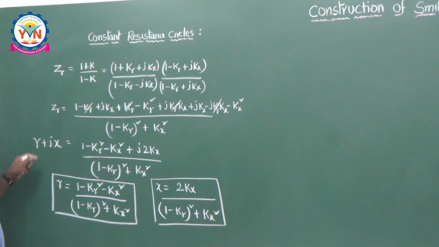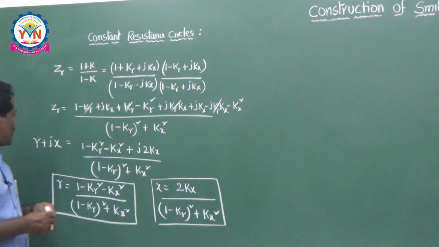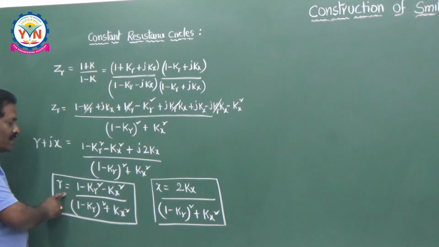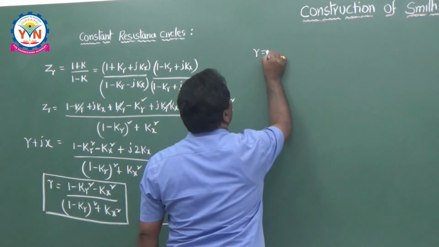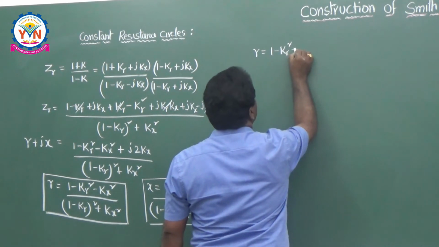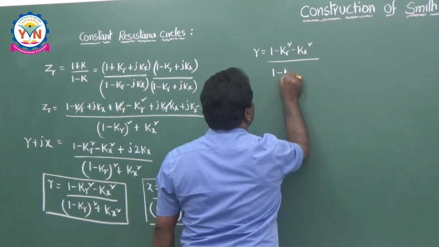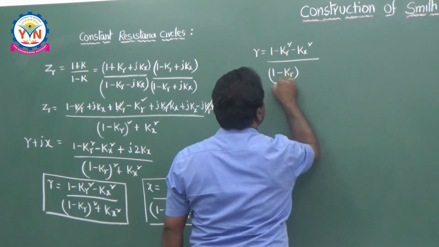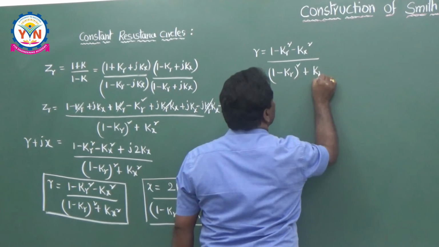Okay, right. So for constructing these resistance circles, let me take this equation, r is equal to 1 minus kr square minus kx square divided by 1 minus kr whole square plus kx square.